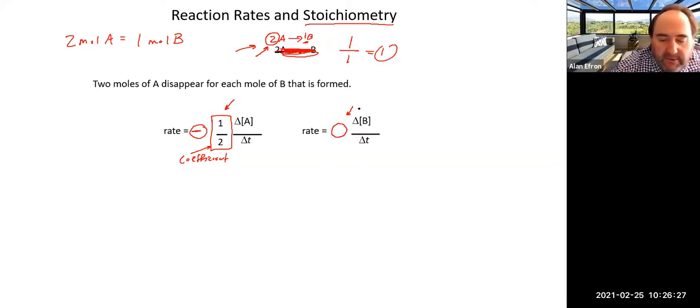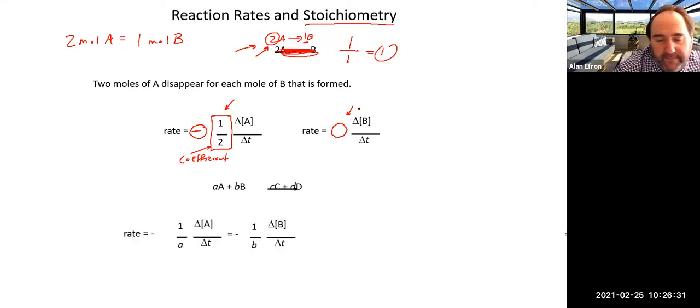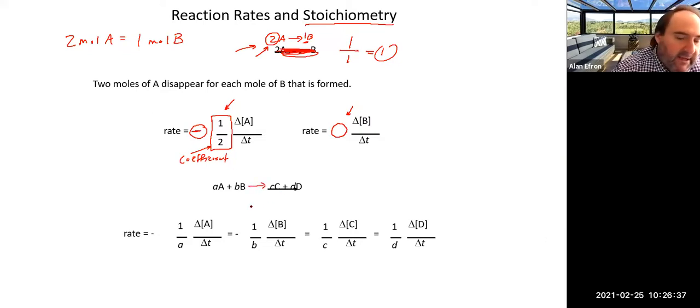So in general, if you want to write these rate expressions and take stoichiometry into account, we have this general equation here.